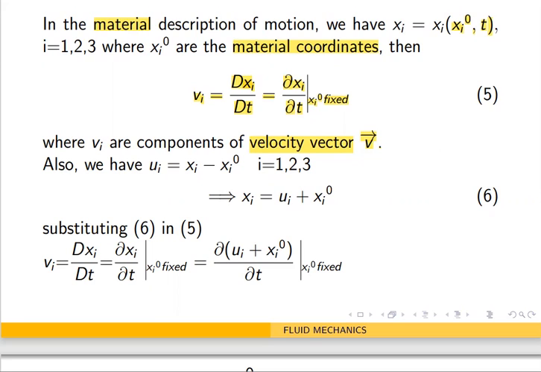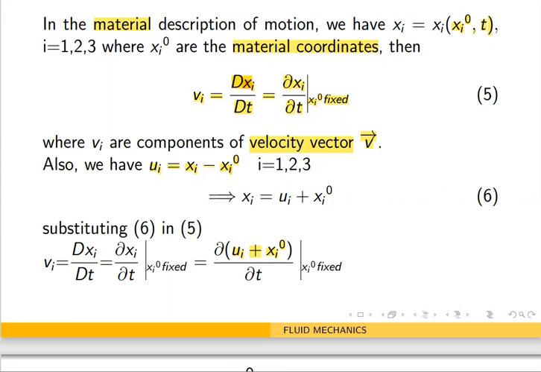Also, we can write these vi's in terms of the displacement. Let us see how. We have ui equal to xi minus xi naught, the displacement vector u, for i equal to 1, 2, 3. So what is xi equal to from this equation? You can just take xi naught to that side. So it becomes xi equal to ui plus xi naught. So substituting 6 in 5, in the place of xi we put ui plus xi naught, and xi naught is fixed.